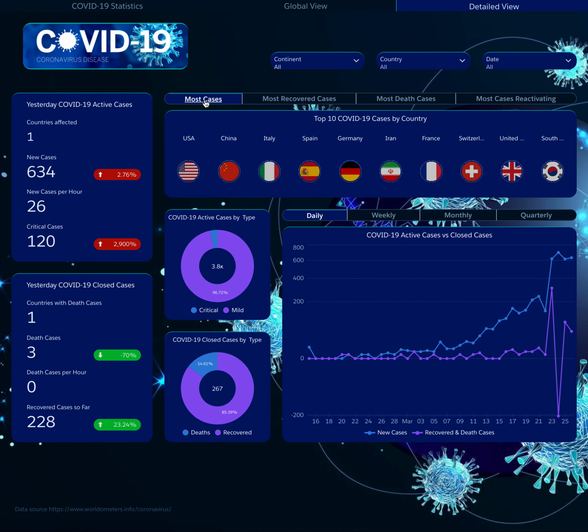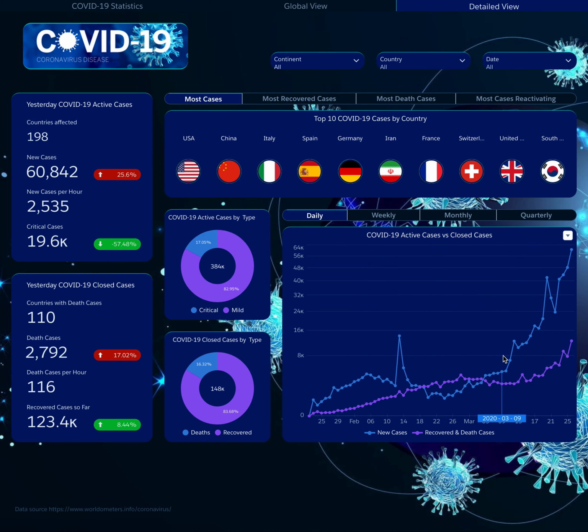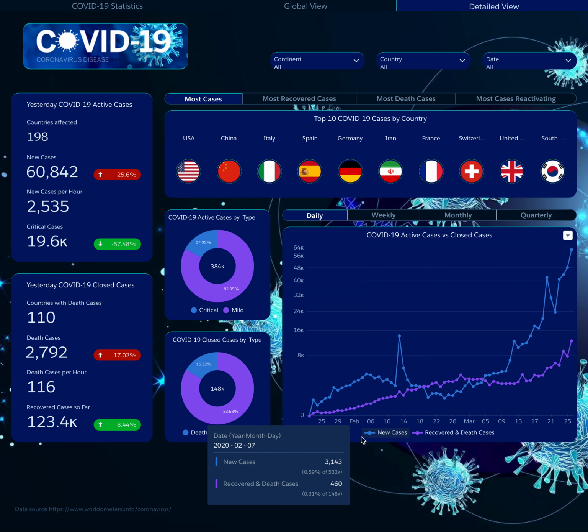So let's take an example, as I showed you in here, on the global view of the trend of active cases versus closed cases. It's interesting to see that from the beginning of the period of January, the number of new cases was always more than the number of recovered cases.